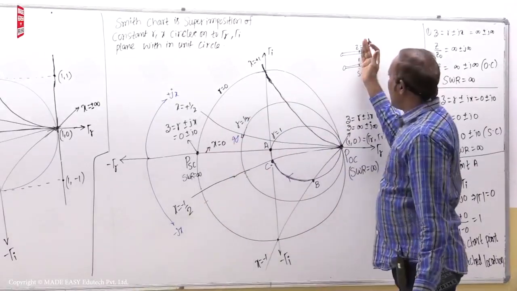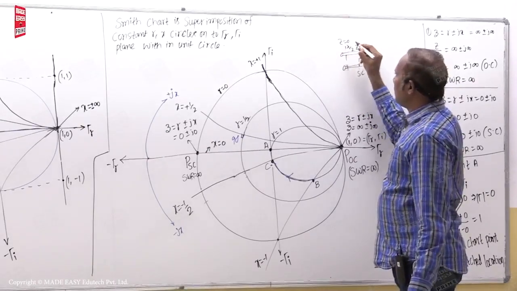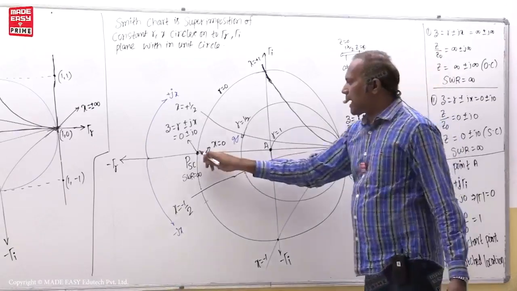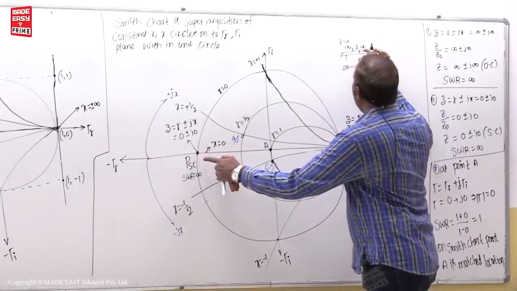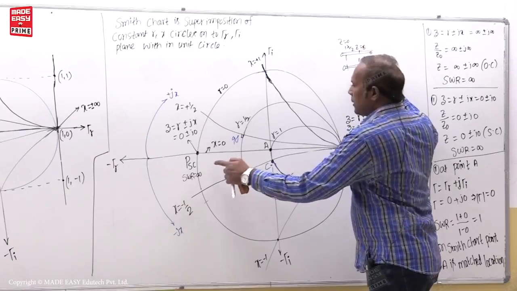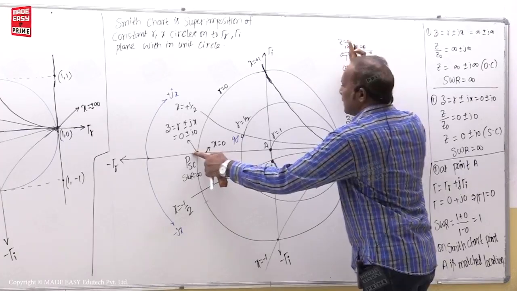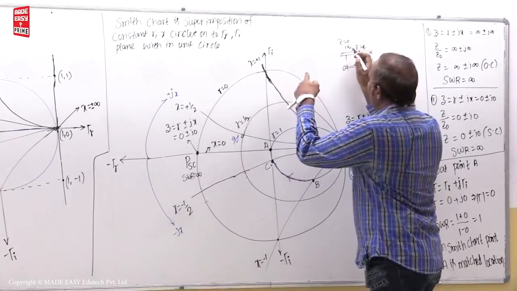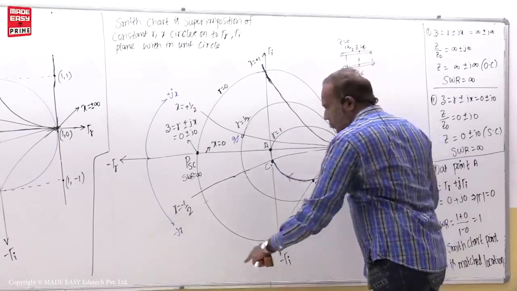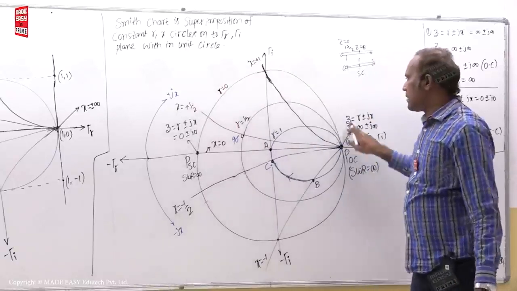And again when you come lambda by 2 distance, again you get impedance 0. On the Smith chart, when you are at the short circuit, you increase the distance and you are going like this. When you come to the short circuit again after lambda by 2, that means on the Smith chart the overall length is lambda by 2.